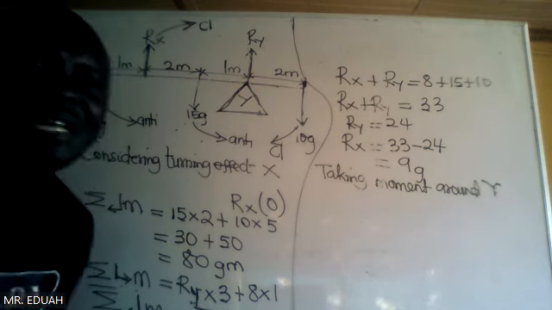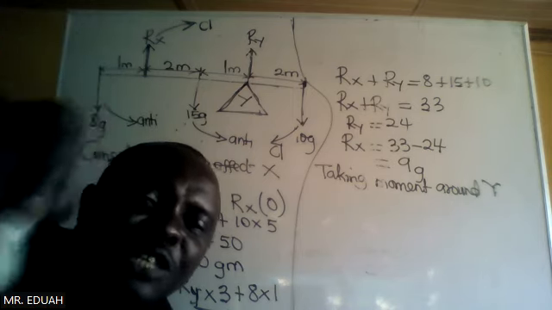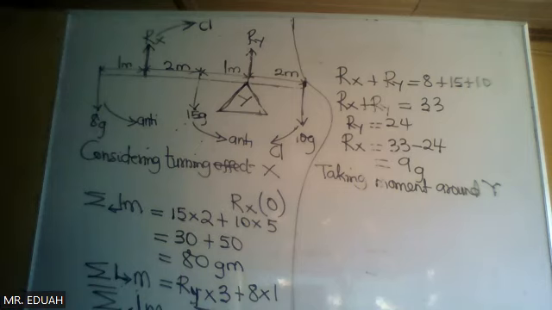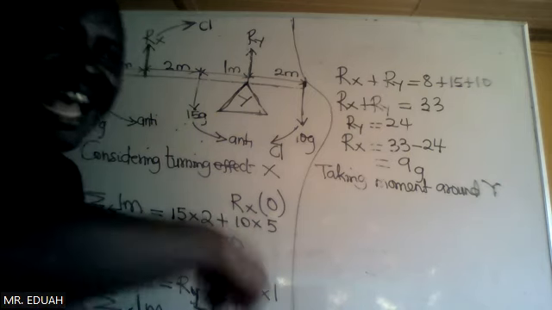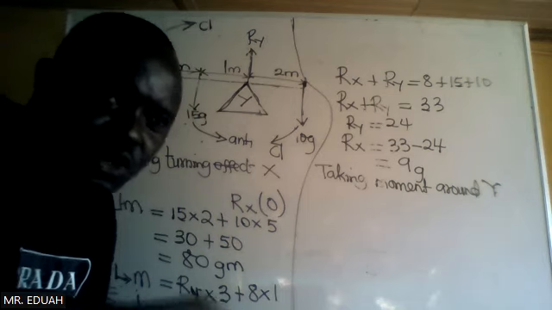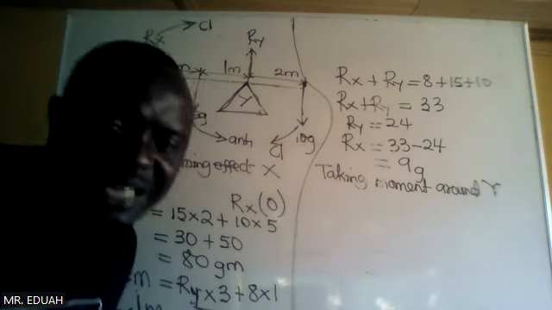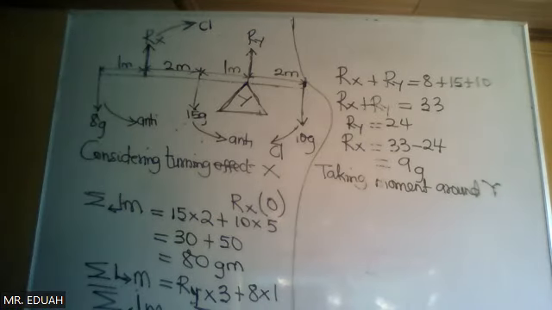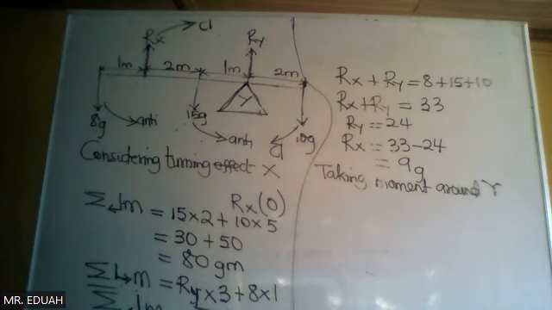The movement there will be zero. When the force or the mass is at the pivot, at the point of rotation, because the perpendicular distance is zero, the turning effect is zero. So this will produce no turning effect.